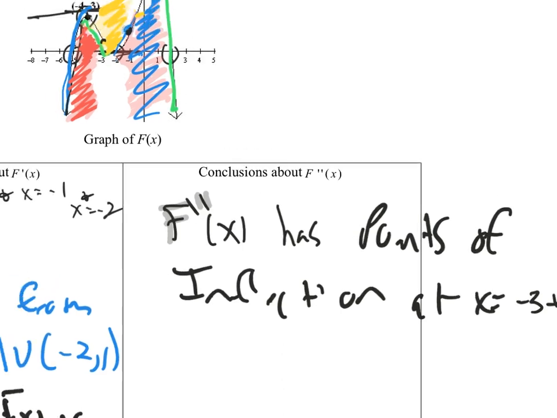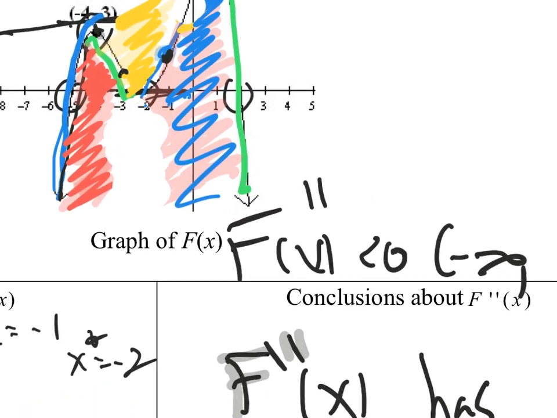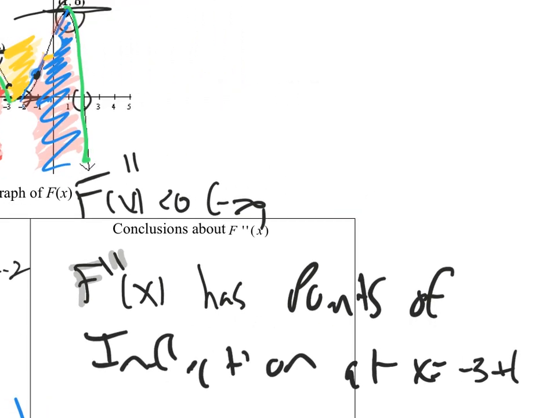But before that, I probably should have said concavity. F double prime of x is less than 0 from -infinity to, and I'm calling it -3.